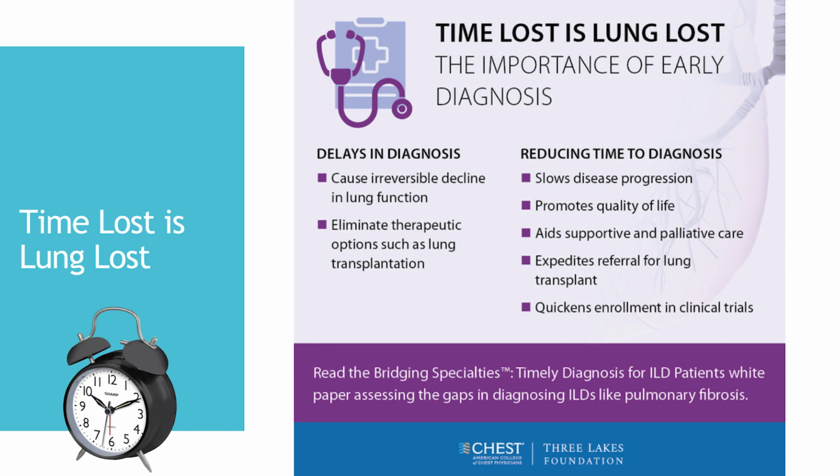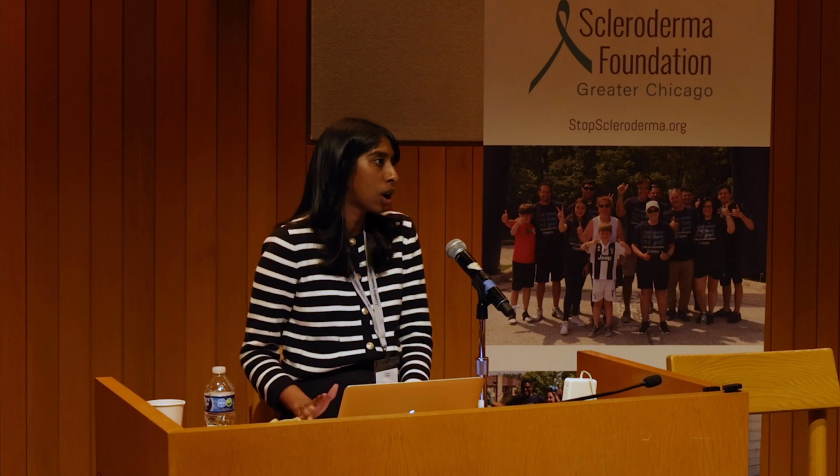And we can ensure that you're a candidate for the therapies that we do have, like lung transplantation, like clinical trials. There's lots of research going on in the ILD world right now to improve the therapies that we have. And that's a really important part of being seen by a specialist too, is having the availability of those trials and different research studies, if that's something that you're interested in.